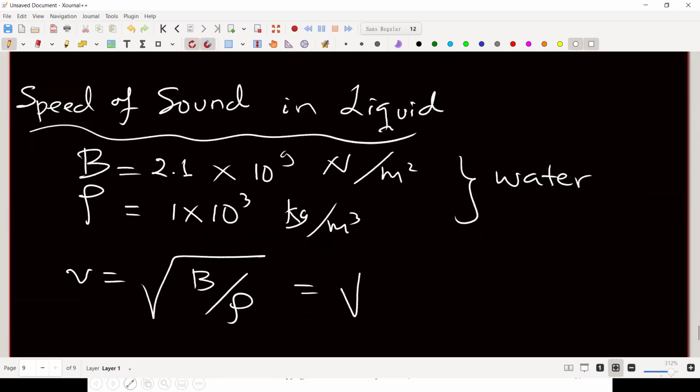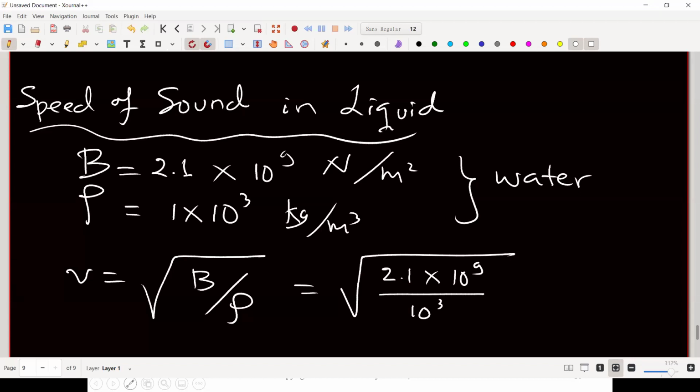And this one is 2.1 times 10 power 9 divided by 10 power 3. So this one is similar.